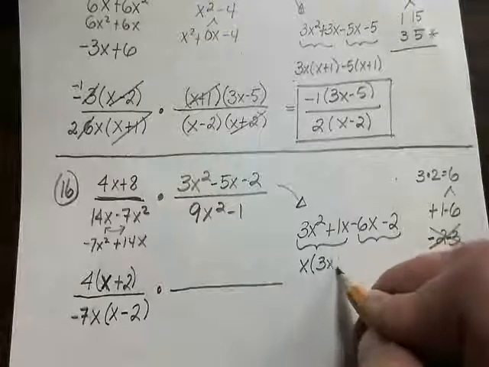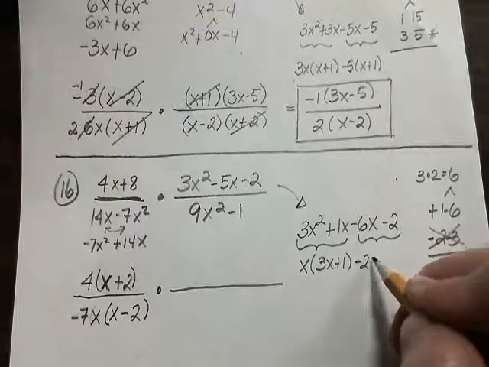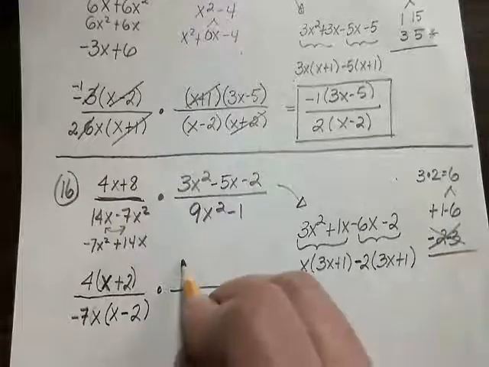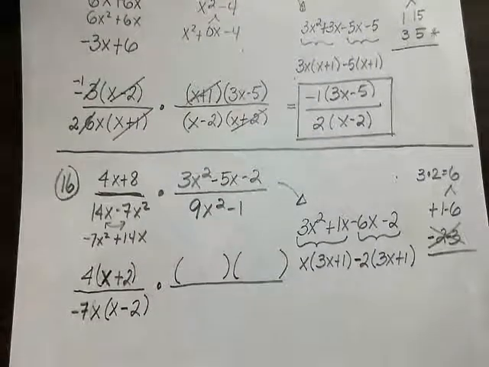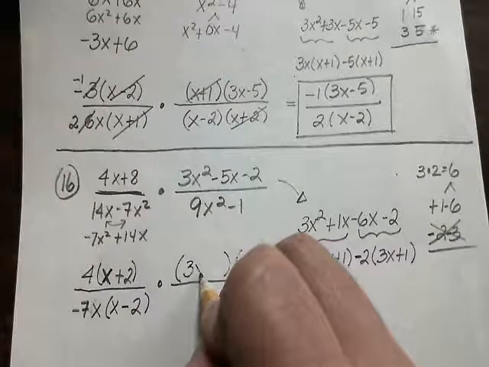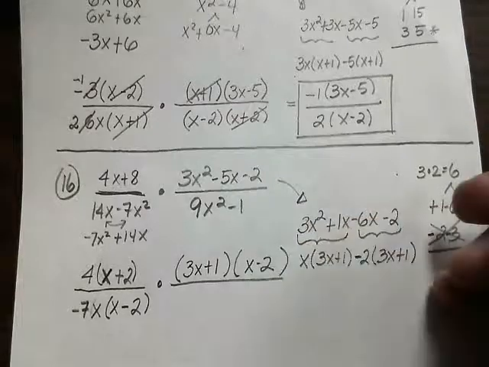So this would be 3x plus 1. And what can I factor here? It would be a negative 2. So this becomes 3x plus 1. So I'm ready to come back to my problem here and put my information. Okay, my information will be 3x plus 1 and x minus 2.